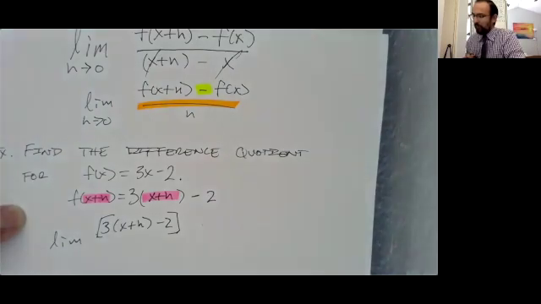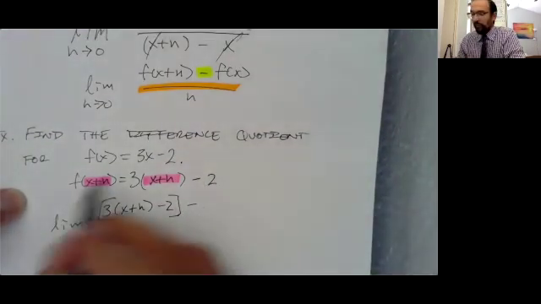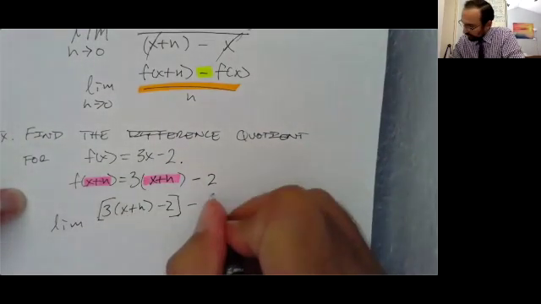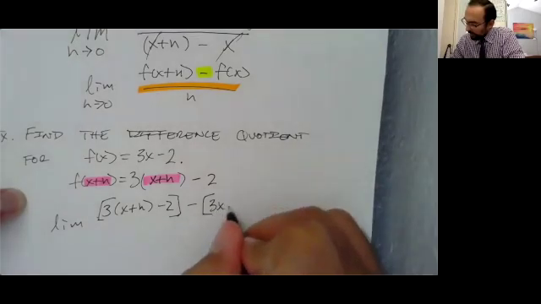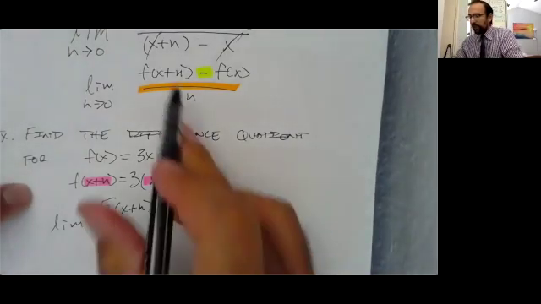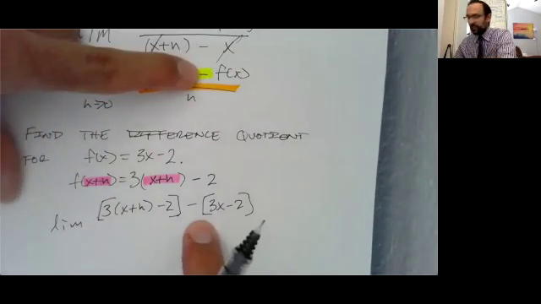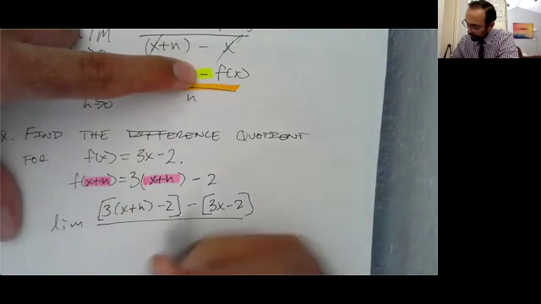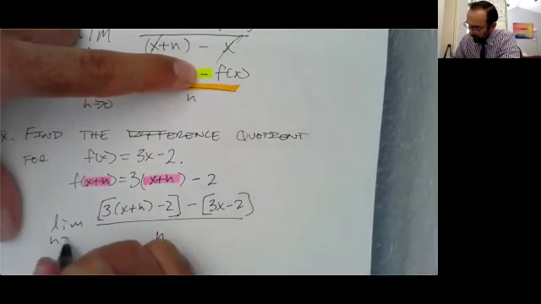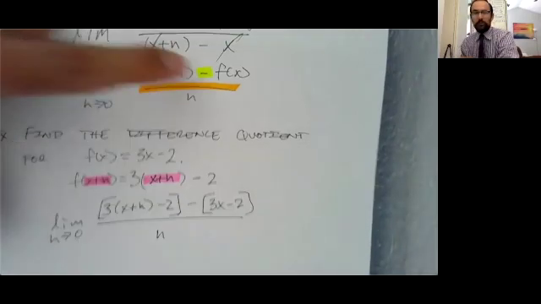This whole bracket is my f of x plus h minus f of x. Well, f of x is 3x minus 2, so I'm going to put that in the bracket as well, 3x minus 2. So I have f of x plus h in the first bracket and f of x in the second bracket, and I'm subtracting those. And then all over h. And I'm evaluating this as h goes to 0.